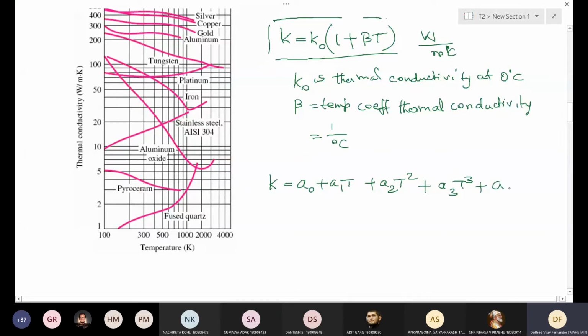This is a higher order polynomial. A0, A1, A2, A3 are constants that depend on the material.